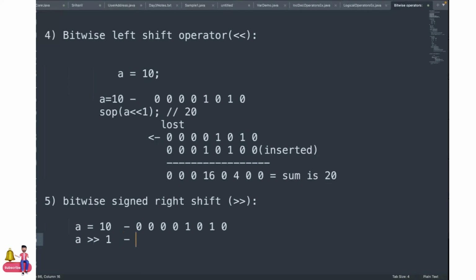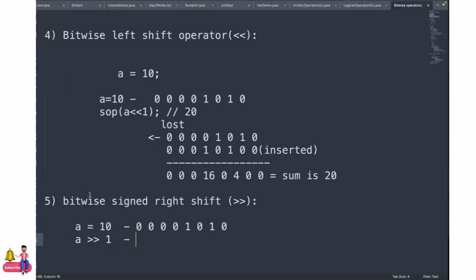I'm taking only one because it will be easy for me to explain. You can try with any other number and move them based on the positions you give, then convert into decimal and binary to understand how the result is coming. Now I'm asking A to be moved towards the right by 1 position.